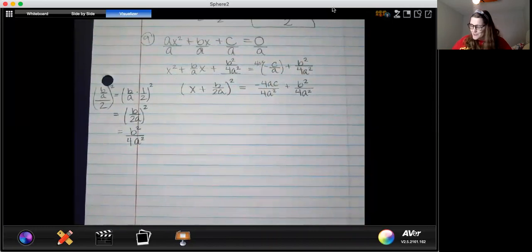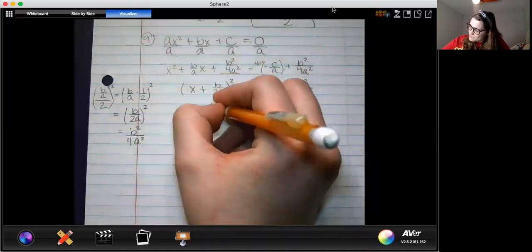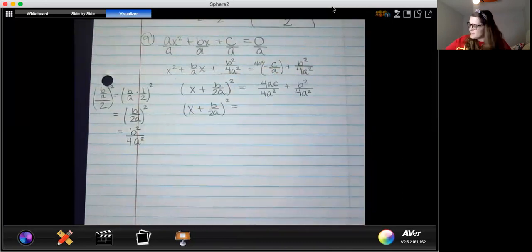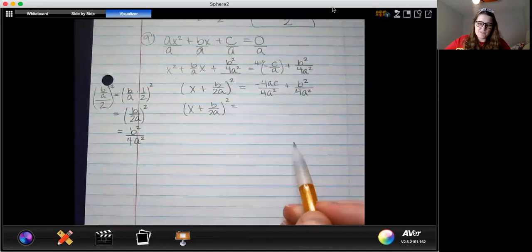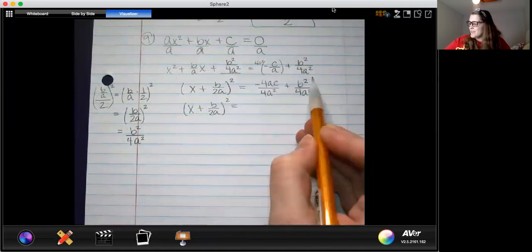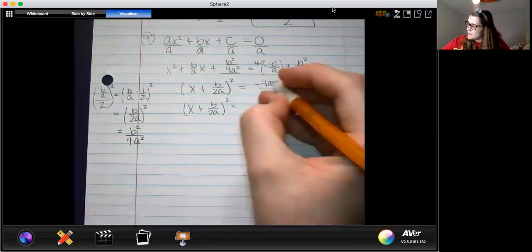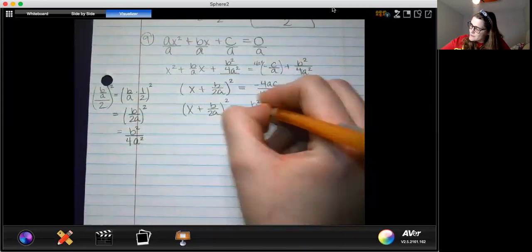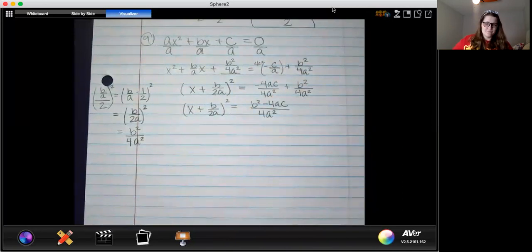And I'm going to combine like terms before square rooting. So left side sits pretty. Right side, now we don't typically like negatives being in the first term, and b squared is a higher value anyway. So I'm going to rewrite this as b squared minus 4ac divided by 4a squared. Okay, hopefully you're still following along with me.